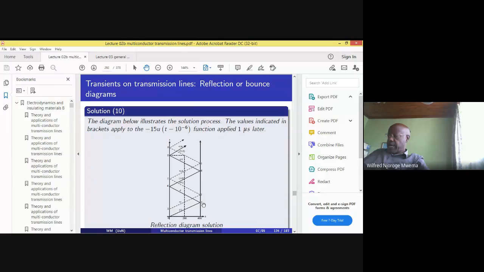Now I can express this if I have a pulse of say delta t. I can represent it with two voltage sources which I'm superposing on that line.